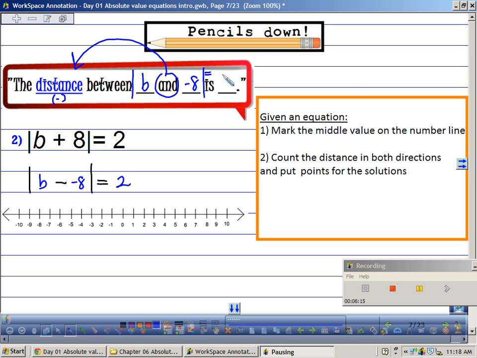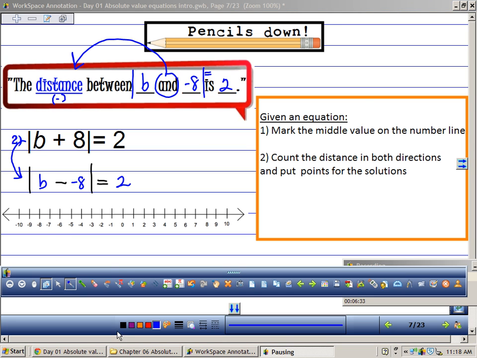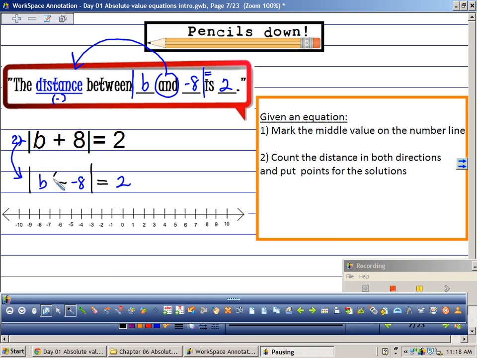Difference between B and -8 is 2. Negative times a negative is a positive. Opposite of a negative is positive. So whenever you see an addition sign in absolute value, you need to change it to this in order to evaluate it. Because now I have the difference between two things. You see what I'm saying? The difference between B and -8.